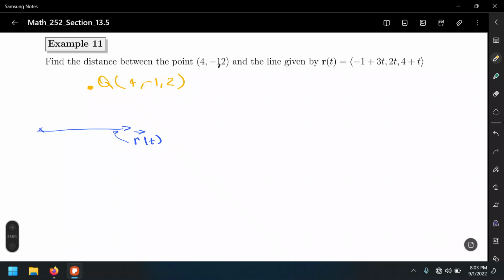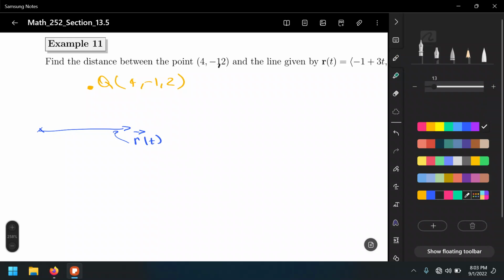Which point? It doesn't matter. It could be, for example, this point right here, and we define the vector PQ. No need to write this, let me just show you. It could be this point right here as well, PQ, and then we get that distance using that formula.